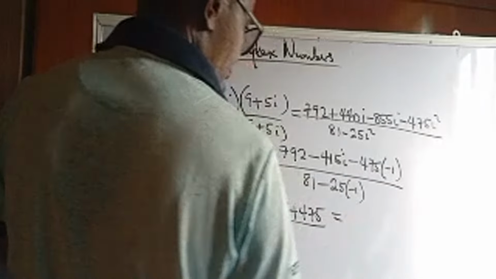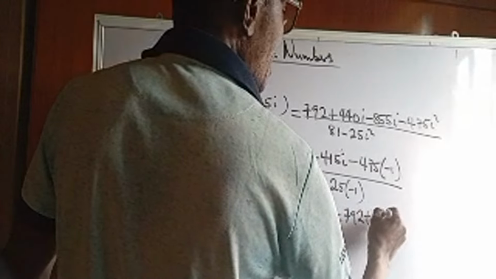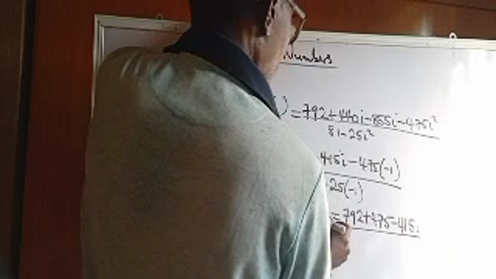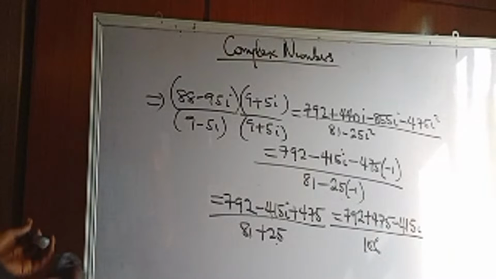So collecting like terms, 792 plus 475 minus 415i all over 106. Is that right? Oh yes, I hope that is correct.